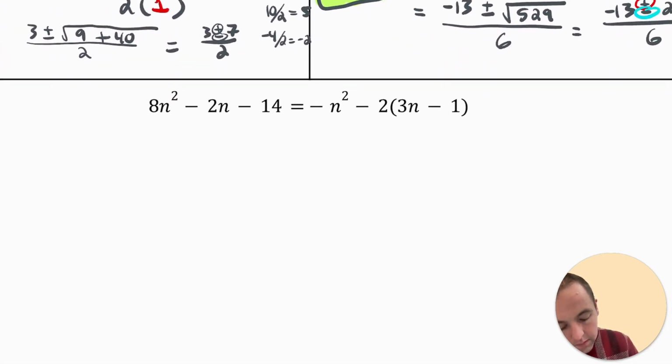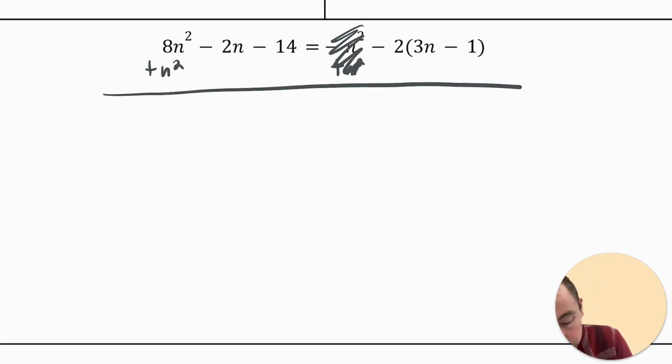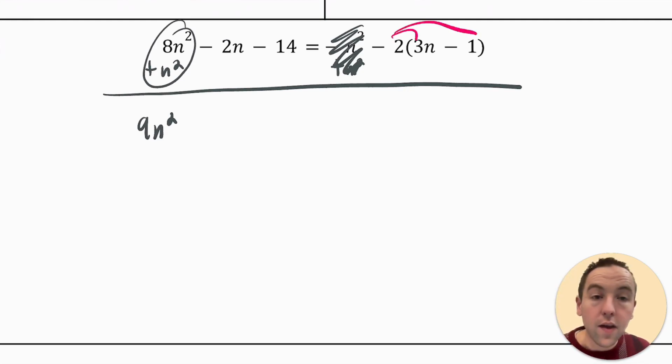All right, and then jumping down to this one right here, let's go ahead and collect everything on the left-hand side. How about? That's how I've done it for the other examples. So I'm going to go ahead and add n squared to cancel out negative 1n squared, and then add 1n squared there, which will combine with that since those are like terms. So we'll end up with 9n squared then. I do need to unlock that and distribute that negative 2, right?